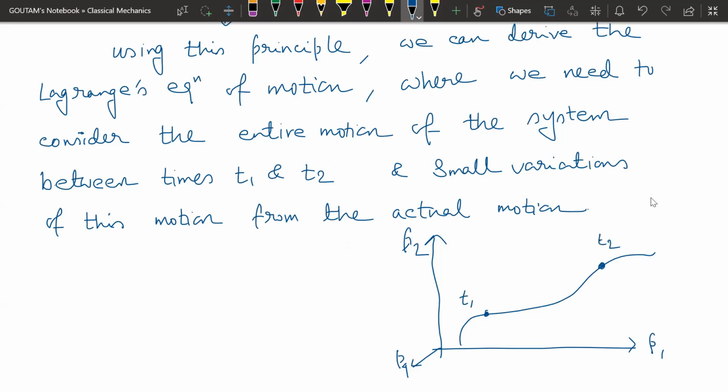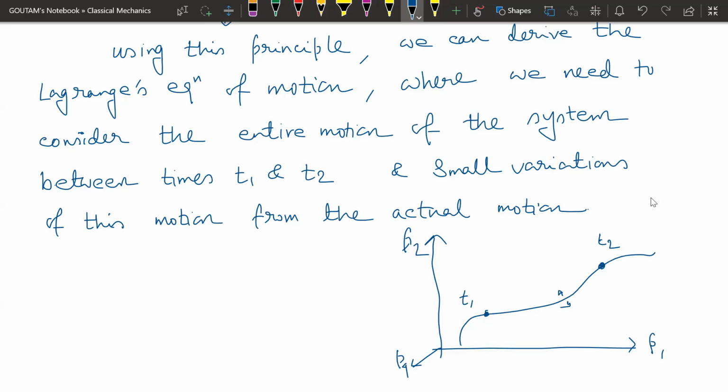Let's say this is the actual motion. To use an integral principle, we need to consider the entire path the particle traces while going from T1 to T2, from this point to this point, and we need to vary this path. So this is the actual path, and then we need to vary this path.